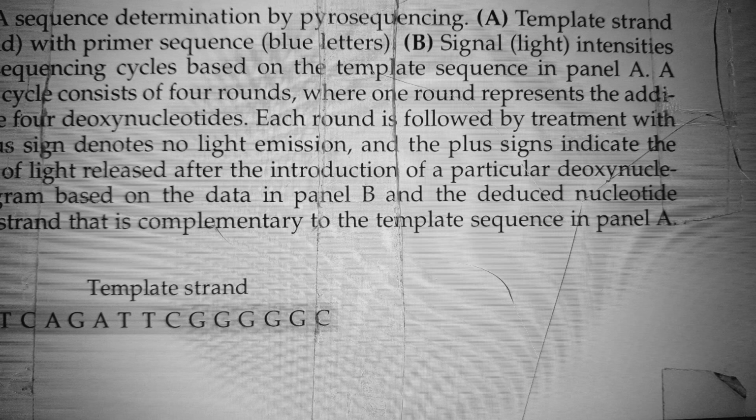Each round is followed by treatment with aqueous solution. A minus sign denotes no light emission, and the plus sign indicates the relative amount of light released after the introduction of a particular deoxynucleotide. Prepare a pyrogram based on the data in panel B and deduce the nucleotide sequence of the strand that is complementary to the template sequence in panel A.